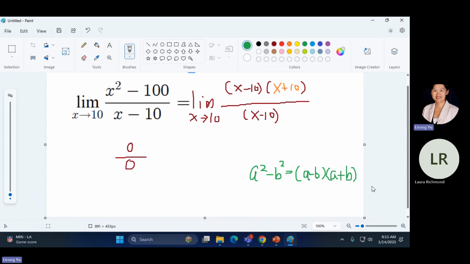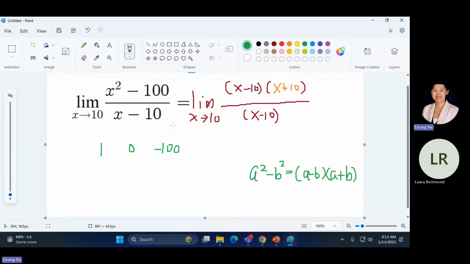Another way to think of it is to try synthetic division. We're dividing x squared minus 100, so you go 1, 0, and negative 100. If you do synthetic division, you have to identify the coefficients: degree 2 term, degree 1 term, there's no degree 1 term so 0, and the degree 0 term, since a number is a degree 0 term.